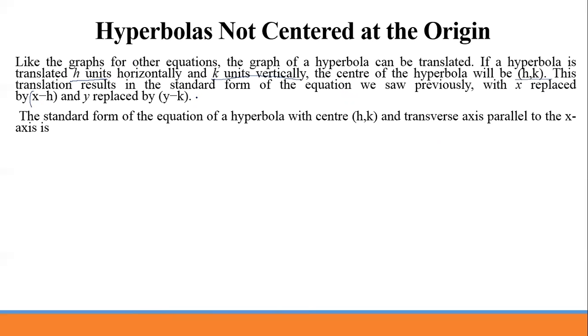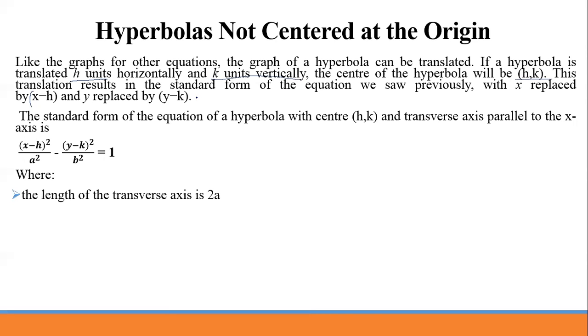The standard form of the equation of a hyperbola with center (h, k) and transverse axis parallel to the x-axis is (x minus h) squared over a squared minus (y minus k) squared over b squared equals 1, wherein the length of the transverse axis is 2a. The coordinates of the vertices are (h plus or minus a, k).